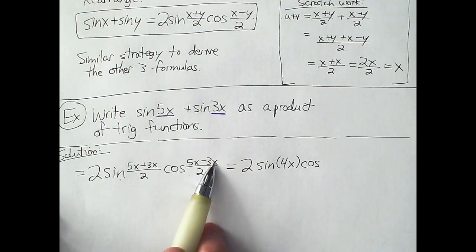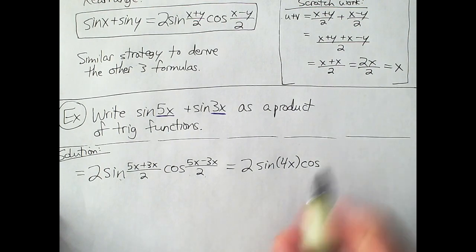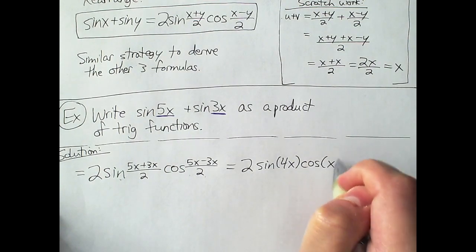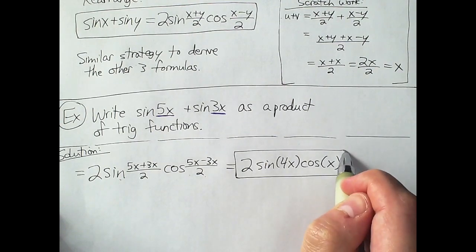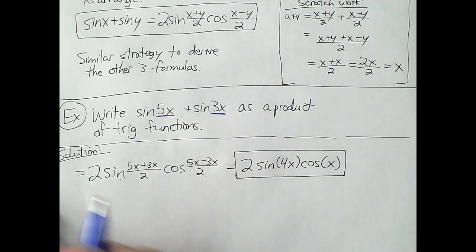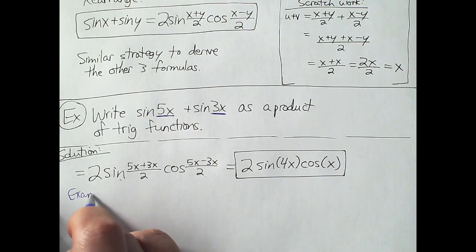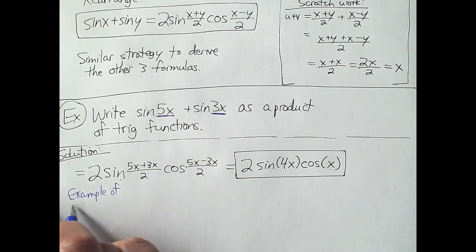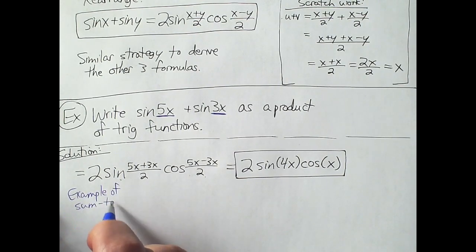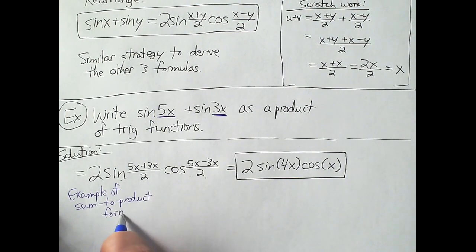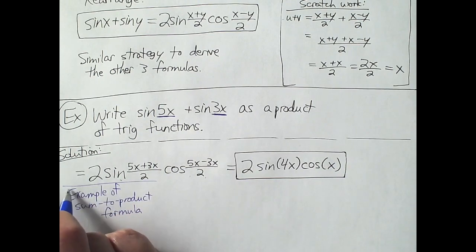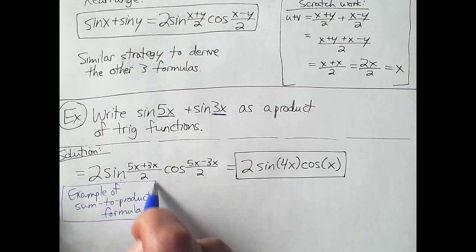That is 2x, and it's over 2. 2x over 2 is x. So that's a good answer. And this was an example of using a sum to product formula. That's one type of question you could see that uses that type of identity.